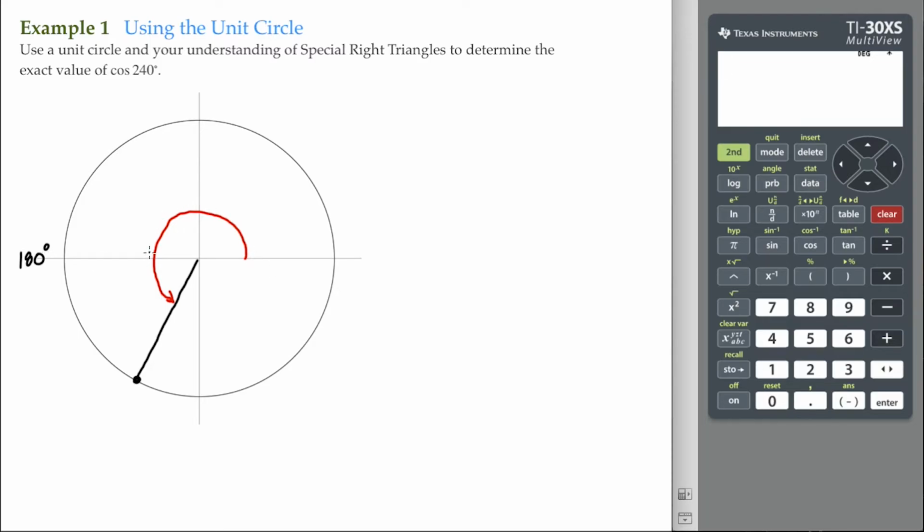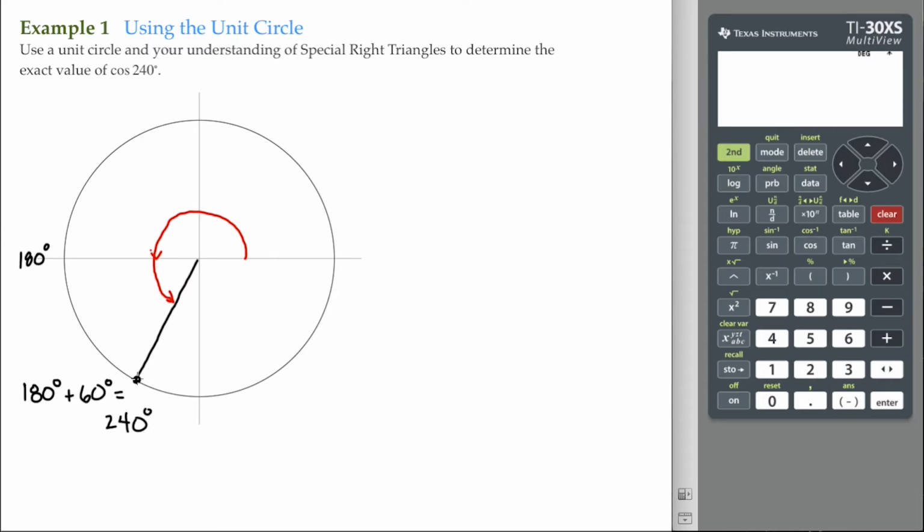If it comes and stops here, that's 180 degrees. So this is 180 degrees to here, and then this right here is another 60 degrees. So we can say that this point is 180 degrees plus 60 degrees, and of course, it's going to equal our 240 degrees.